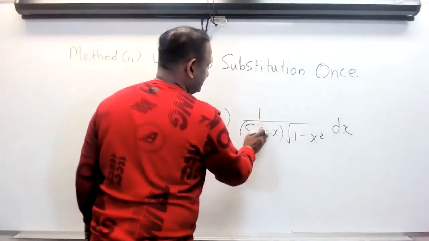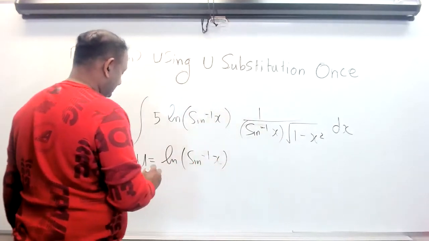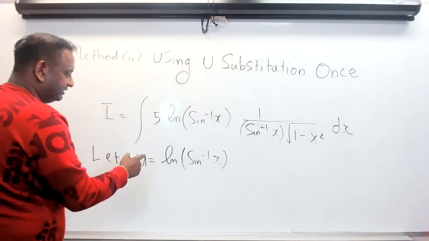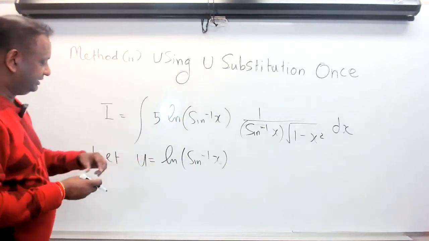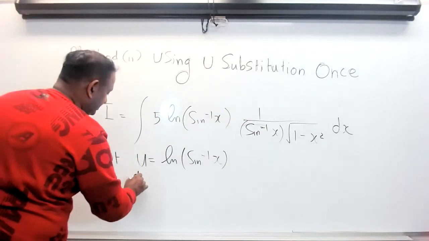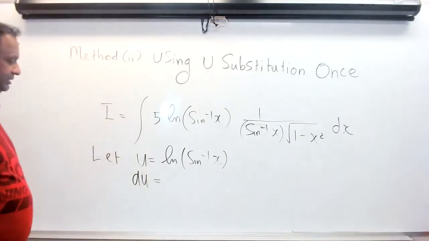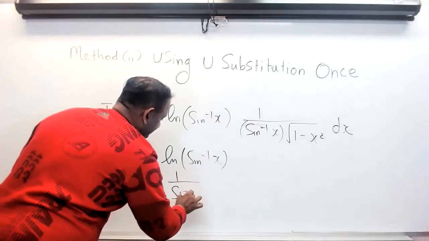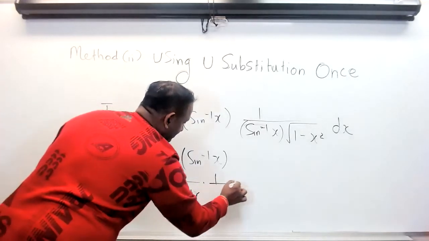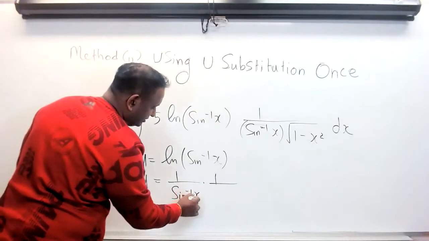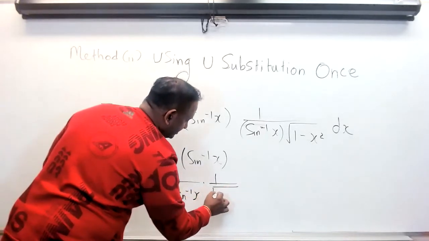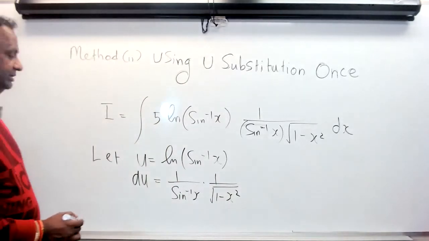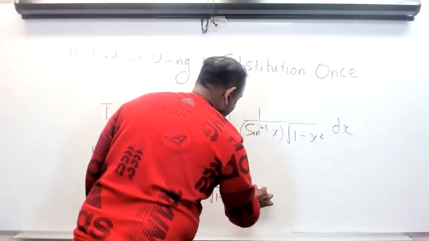That means its operator has to be changed. I'm going to differentiate both sides with respect to their respective operators. This side you get du, you put the operator, okay? This side you get 1 over sin⁻¹x times, you're not done yet, from the chain rule, you're going to take the derivative of sin⁻¹x, which is 1/√(1 − x²), and put the operator.